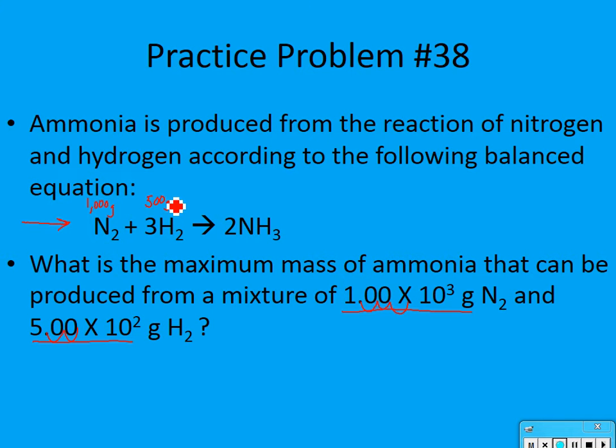Now we need to decide which one's going to run out first. In theory, so write down theory, our mole ratio should be, let me rewrite that, 3 moles of H2 for how many moles of nitrogen? 1.